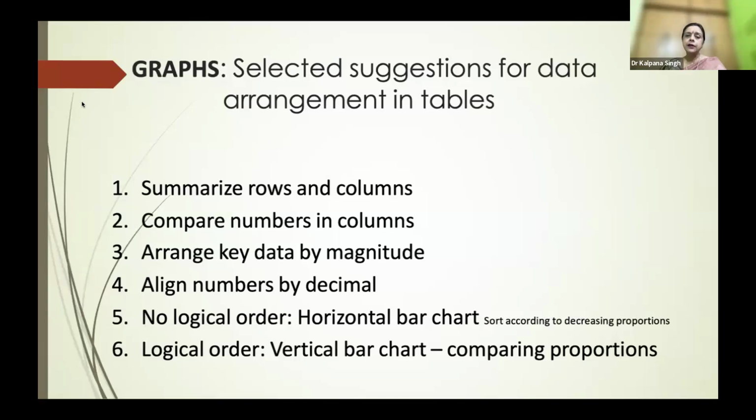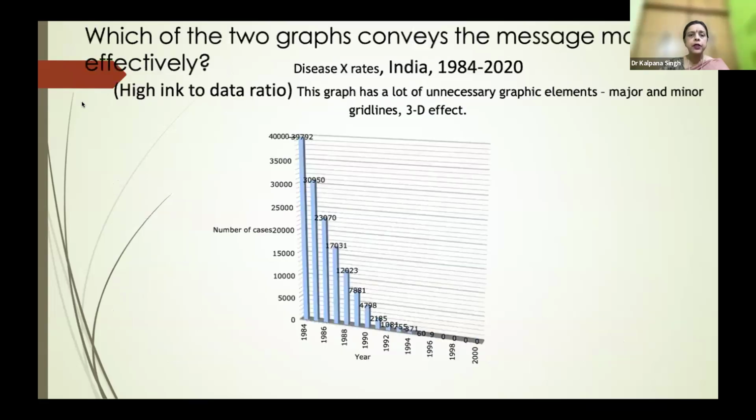So the data are arranged in table form or in graph form. Summarize rows and columns, compare the numbers in columns, arrange key data by magnitude, align numbers by decimal, and use a logical order. Horizontal bars are used for ordered items, and vertical bars compare proportions. So the same thing has been expressed in two ways.